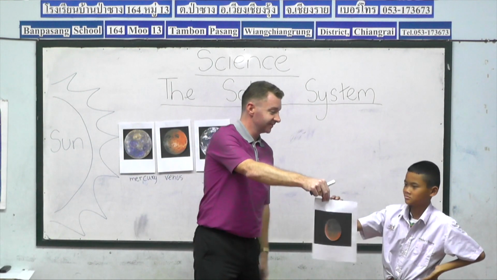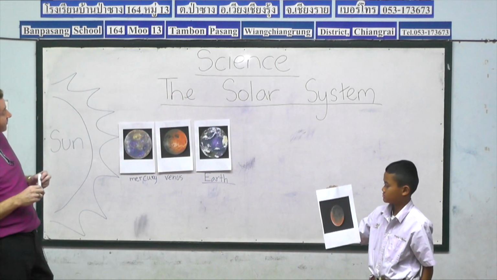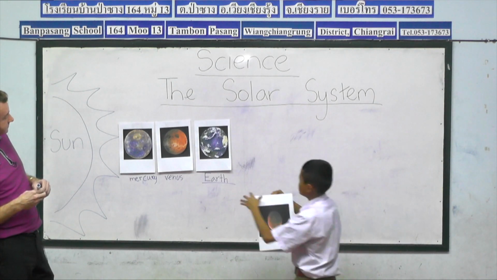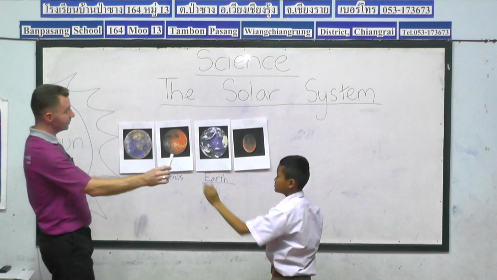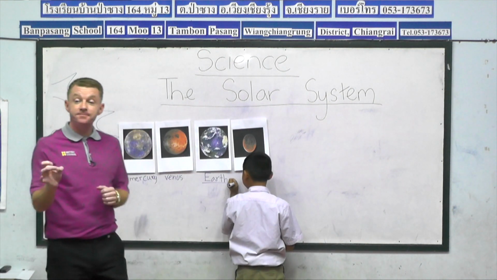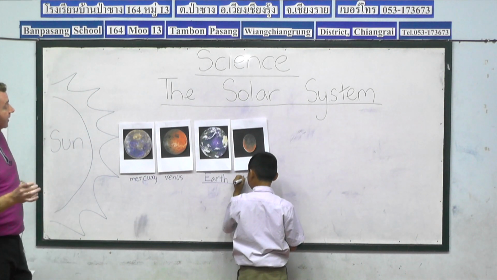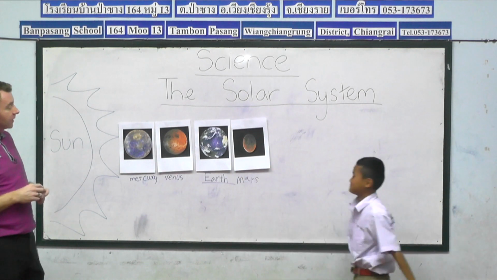Hold it this way. Can Chu place the planet in the correct position in our solar system on the board? Excellent. And then Chu can spell the word Mars correctly. M-A-R-S. Excellent, Chu. Very well done.